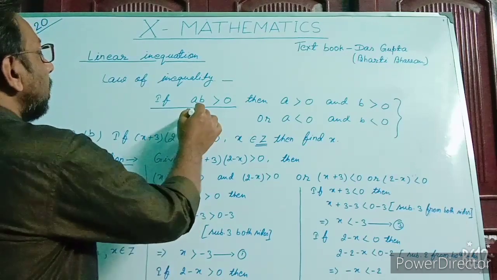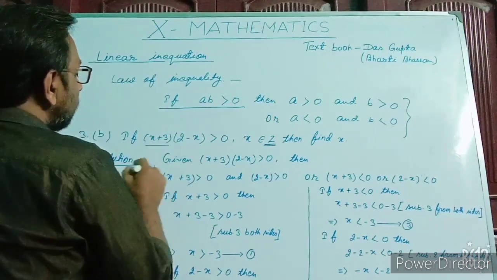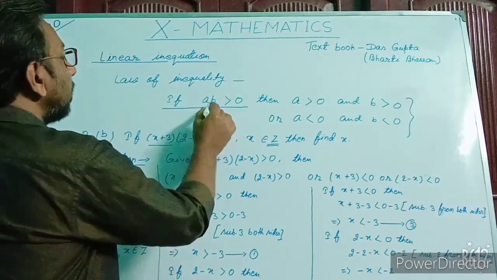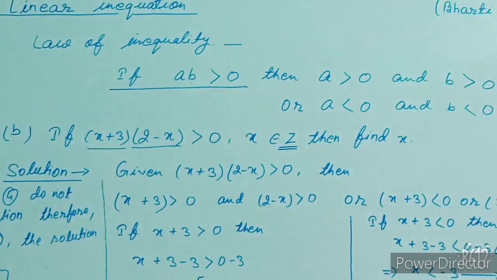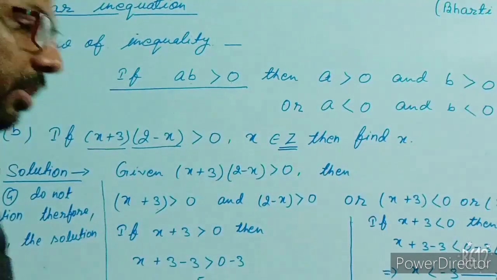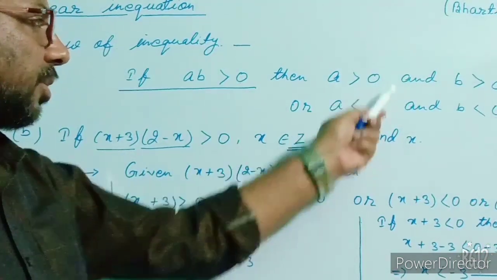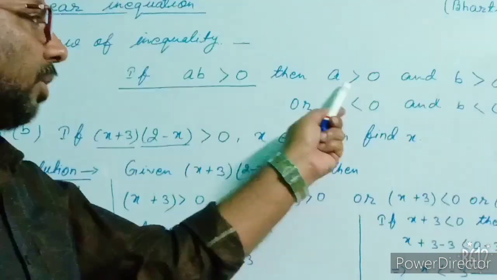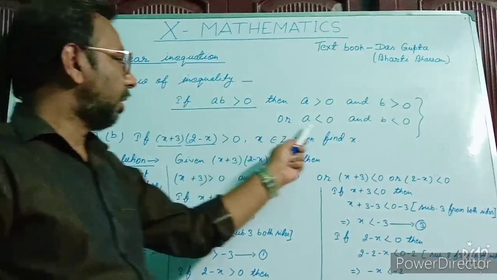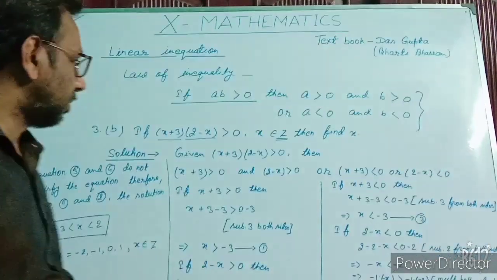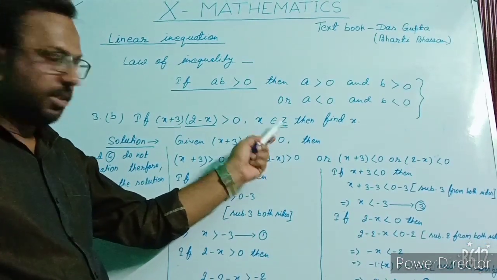Here AB is greater than 0, with x plus 3 in the place of A and 2 minus x in the place of B. So this question depends on this rule, in which there are two possibilities. This may satisfy the inequality, or this may satisfy it. Again I repeat, Z is the integers.